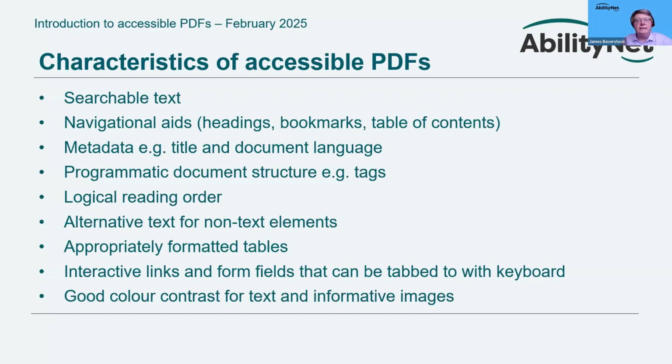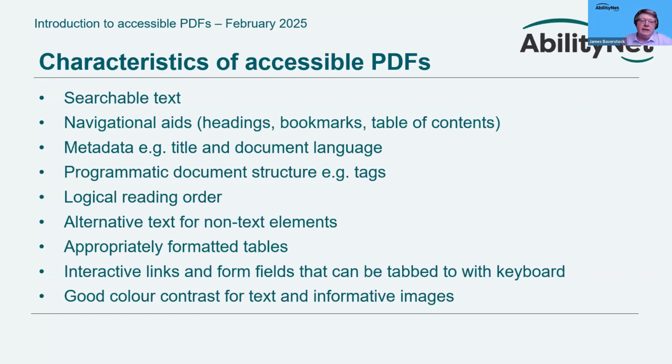We also want to provide alternative text for non-text elements, like charts and graphs potentially, and other informative images, so that there's something to be announced by a screen reader for users who can't see your document. If you have decorative images, you might want to specifically say that they are decorative so that the screen reader won't read them out.